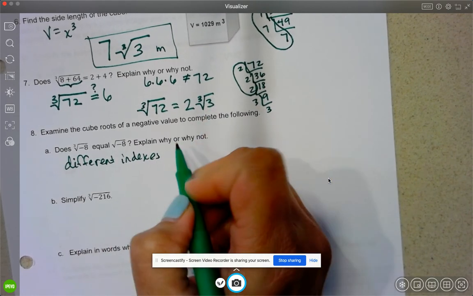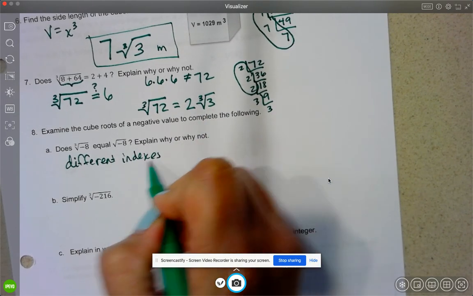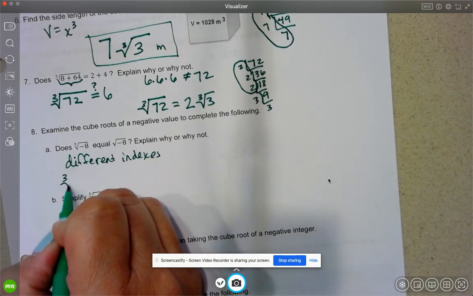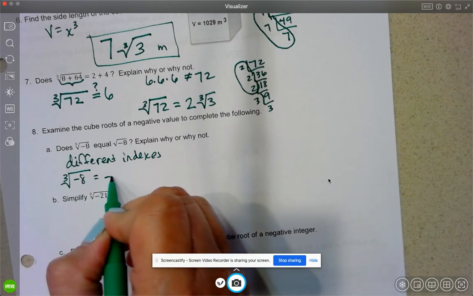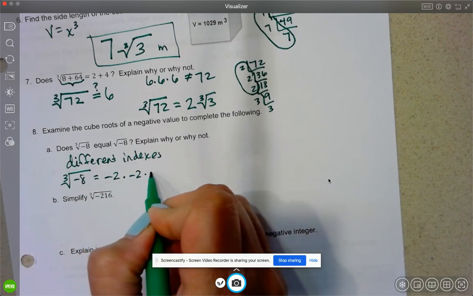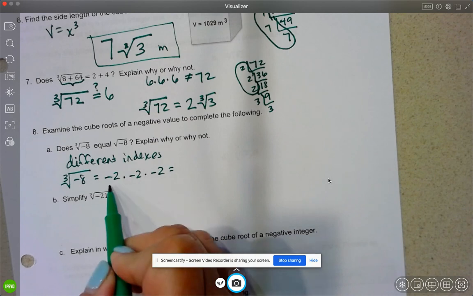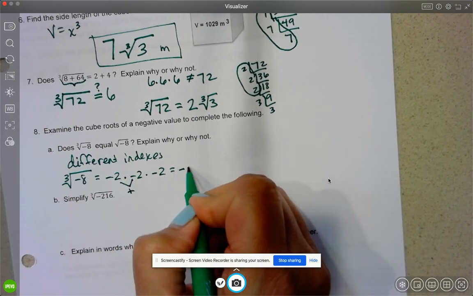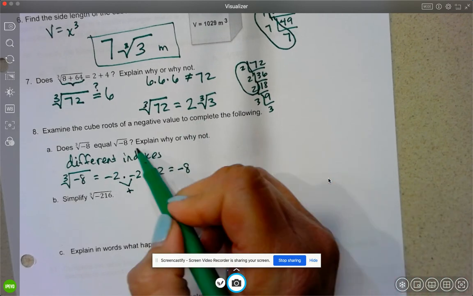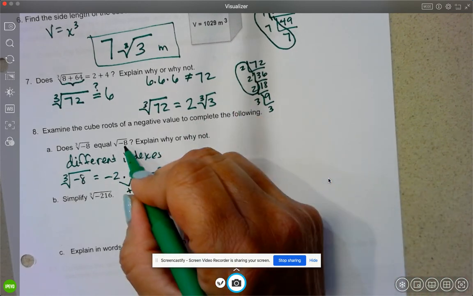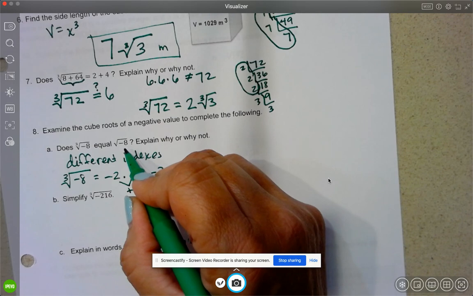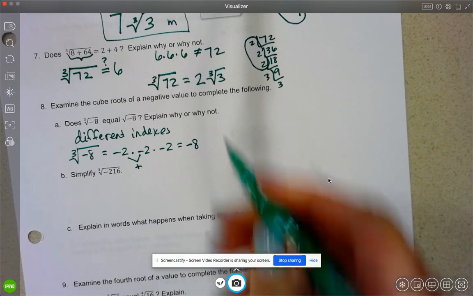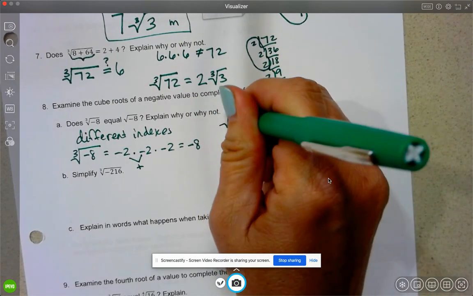The cube root of negative 8 is negative 2 times negative 2 times negative 2. Negative 2 times negative 2 is positive, and then another negative, so that works out. But there are no numbers that you can multiply by themselves twice to get negative 8. So the square root of negative 8 is not a real number.